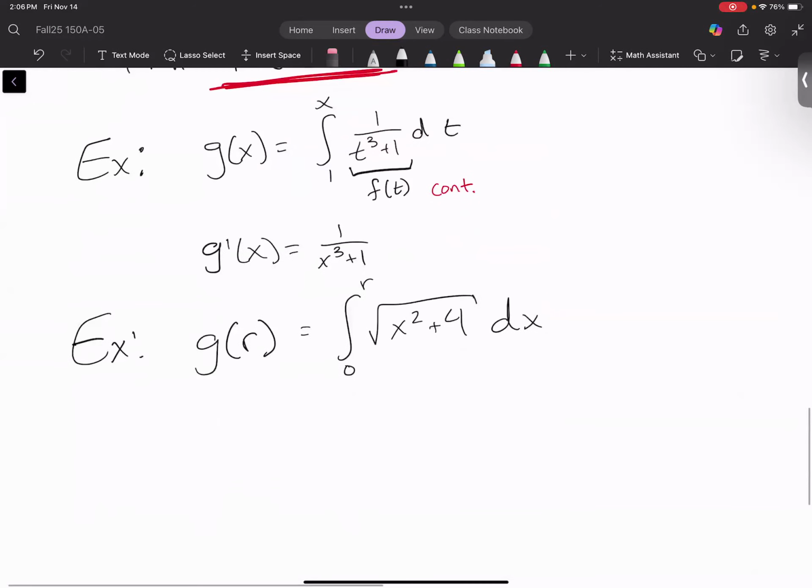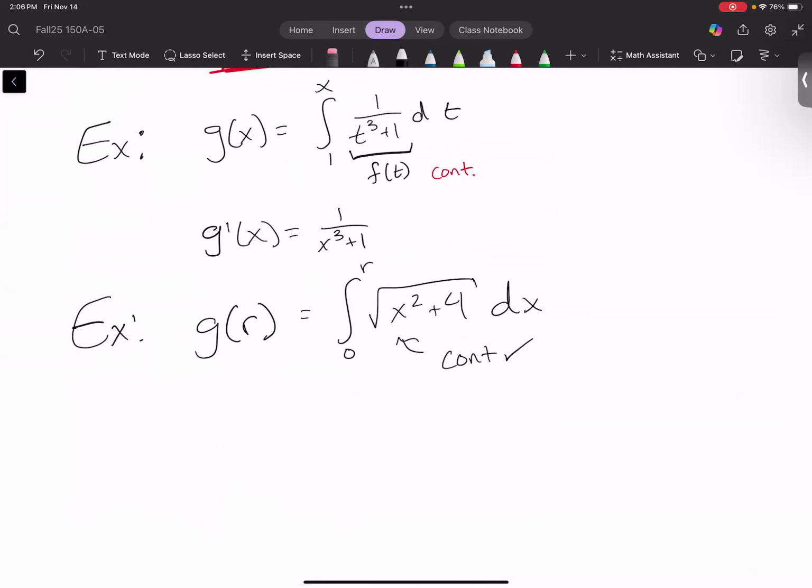Okay, hopefully you guys paused. So this function here is continuous. Check. Then if I want to take the derivative with respect to r of g of r, I'm spelling it out a little bit more here. It's okay if you didn't.